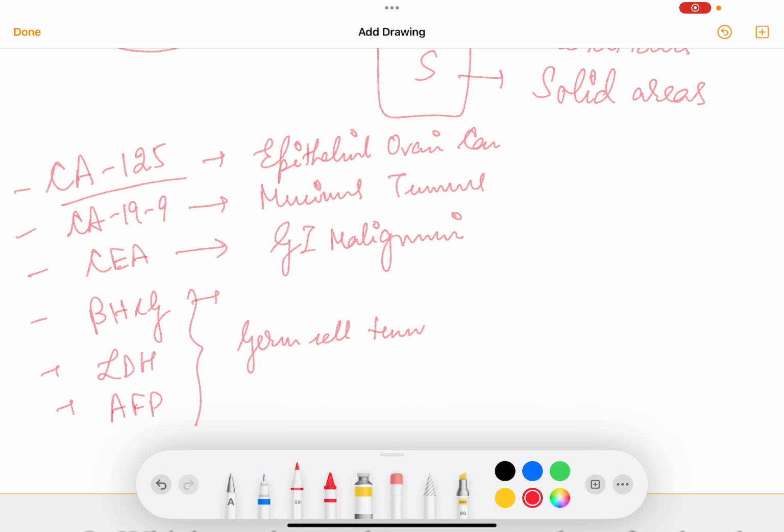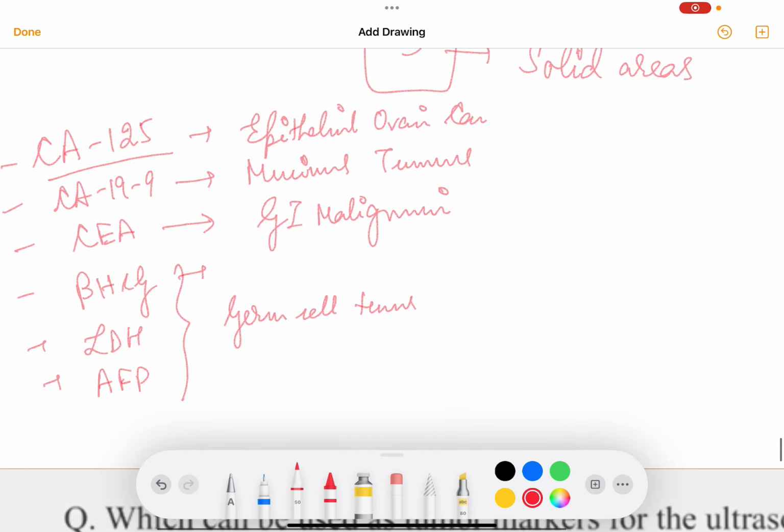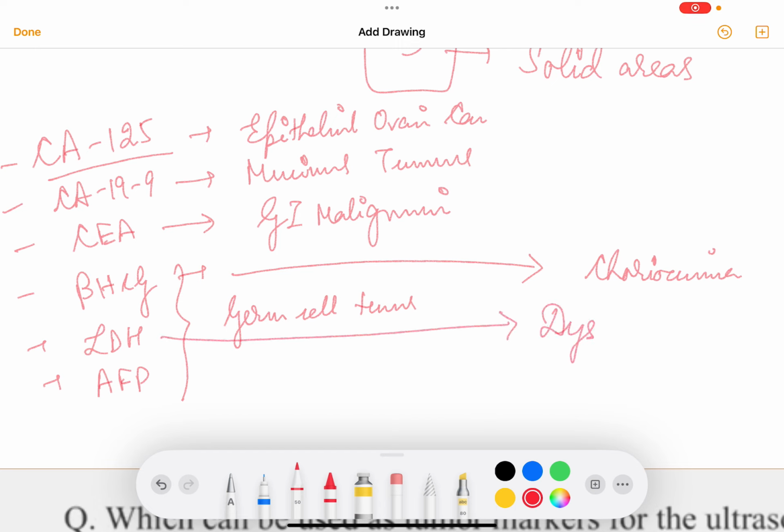Because this patient is of low age, germ cell tumors can also be considered. Beta HCG talks about non-gestational choriocarcinoma; beta HCG will be raised. LDH is a marker of dysgerminoma, and alpha fetoprotein is a marker of yolk sac tumor or polyembryoma.